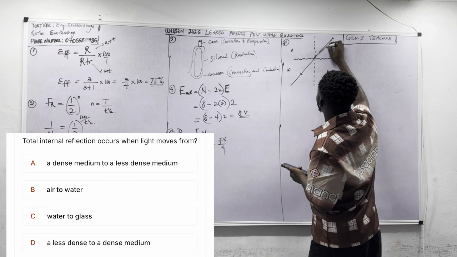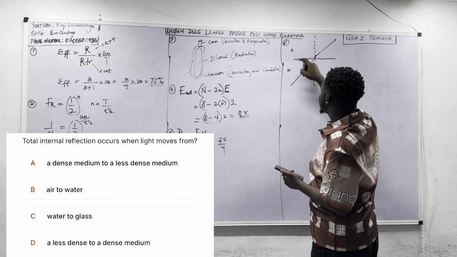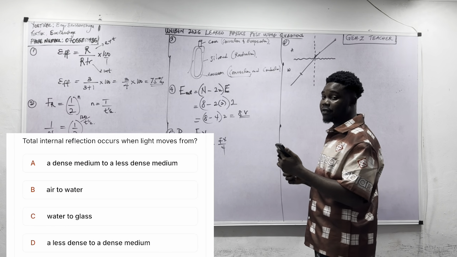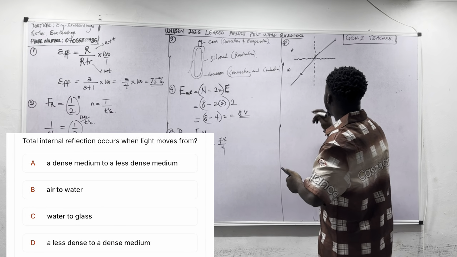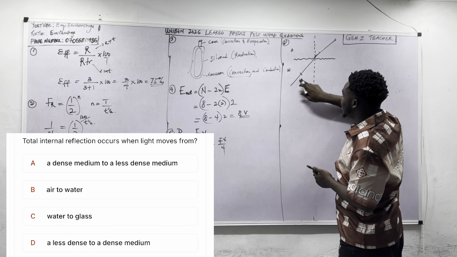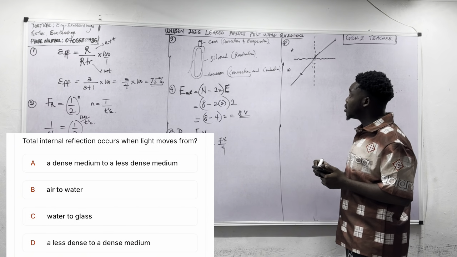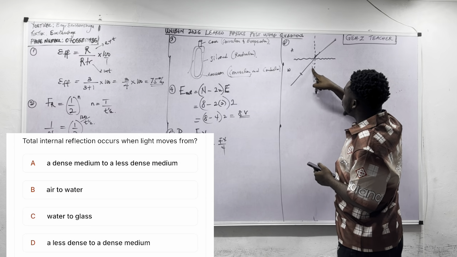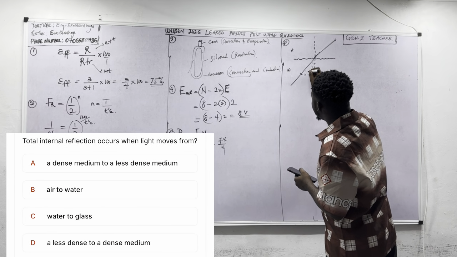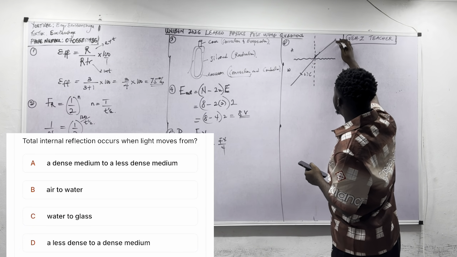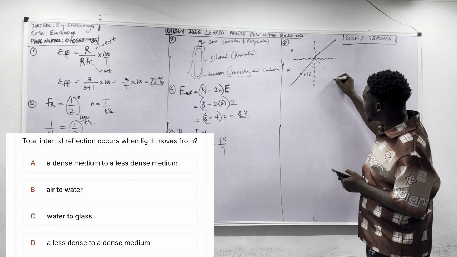So when you have a wave moving from a dense medium to a less dense medium, you're going to basically have TIR as you are moving in that medium. I'm not going to explain properly. Now, if this incident ray strikes this boundary, the angle here is the angle of incidence. Now, when your angle of incidence is greater than the critical angle, the refracted ray is going to now reflect back into the water.